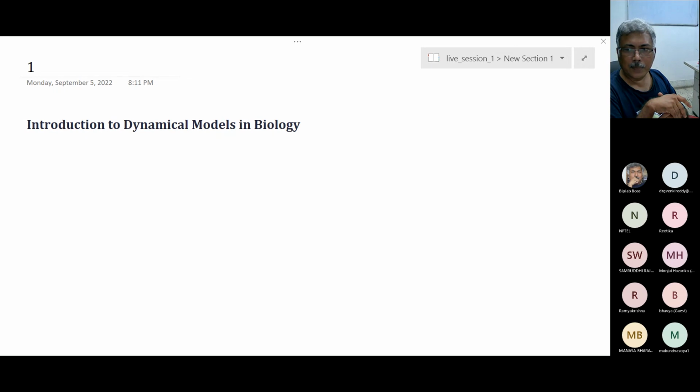Yes, sir. Actually, there are excellent models using control theory. As this is a basic course, that's why we have not gone into them. Nowadays, most people focus on molecular and cellular processes. We now have high throughput data, single cell data, and all these things are coming. So people want to create models at the molecular level.